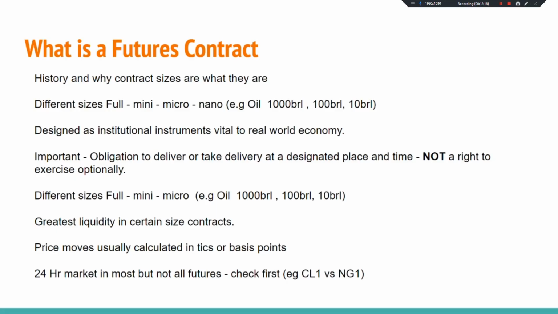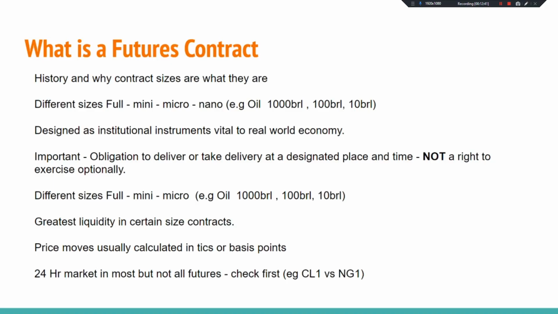For each individual commodity or thing that you're buying a futures contract for, there are 4 futures contracts in any 1 year, and they have delivery dates specified in April, July, October, and December.